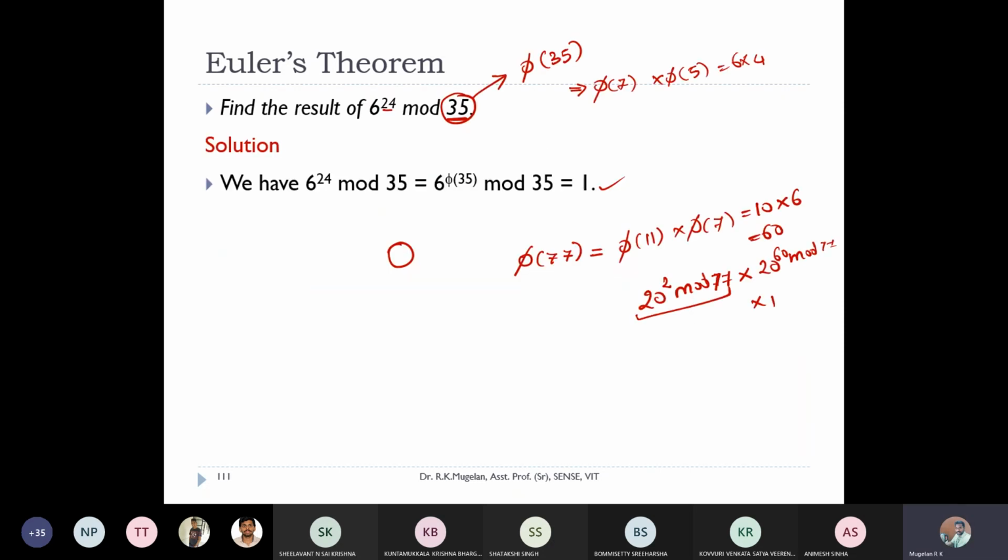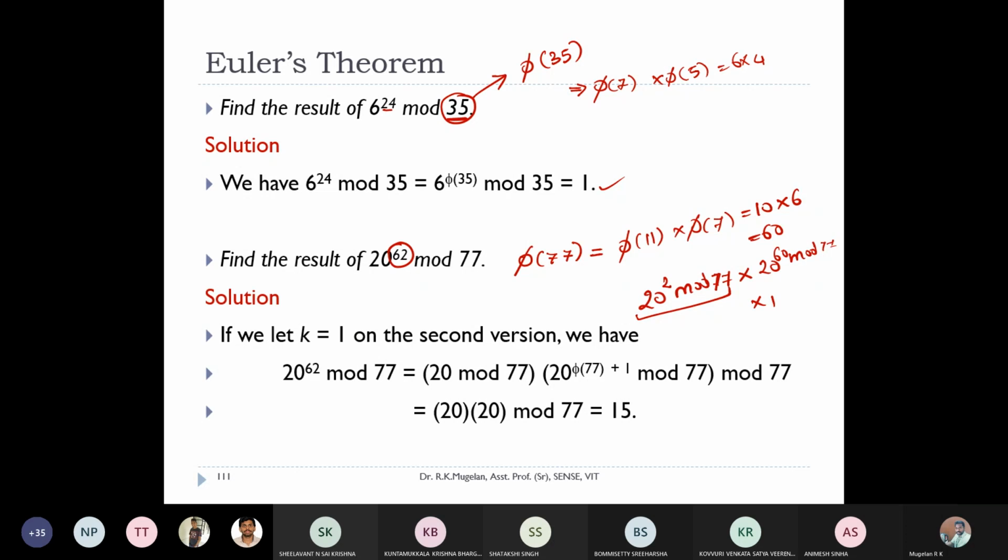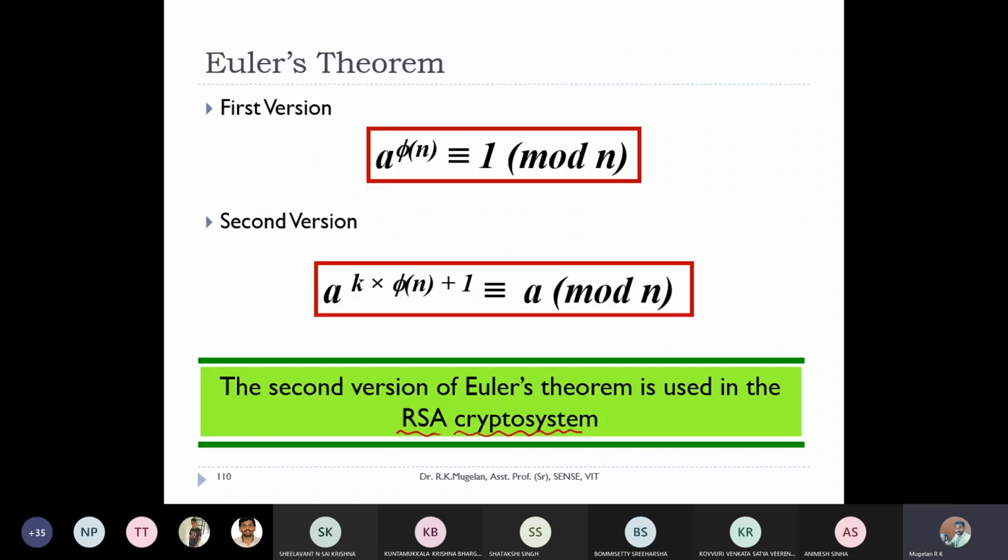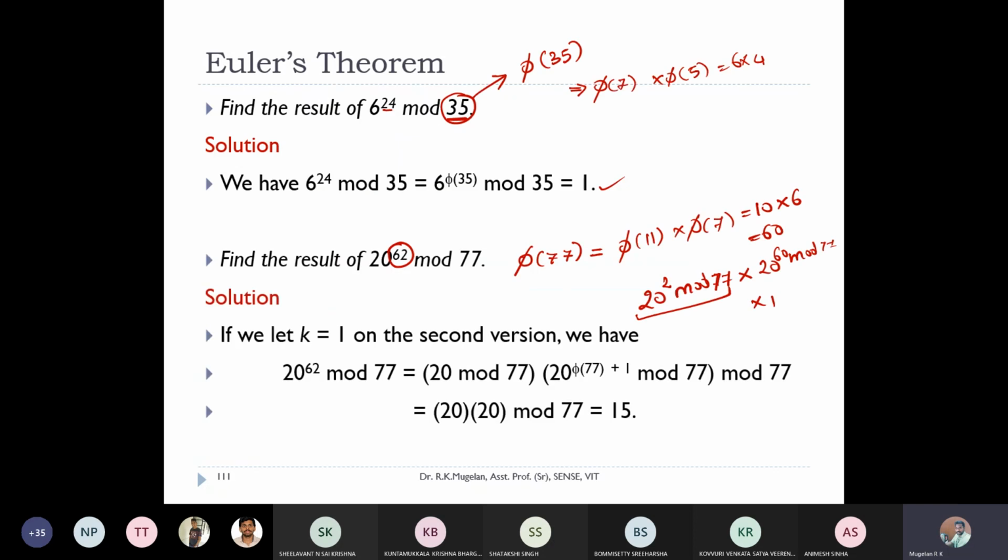Okay then, if you want to use our second version, the expression is a power k times phi of n plus 1, congruent to a mod n. Here they took k to be 1 in that example. So they got 20 power 1 times phi of n plus 1 mod 77.